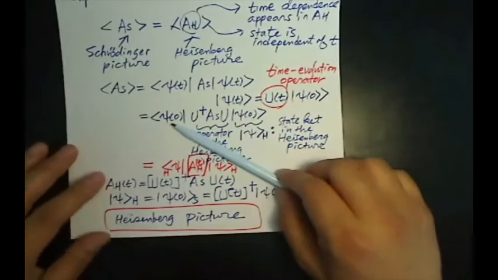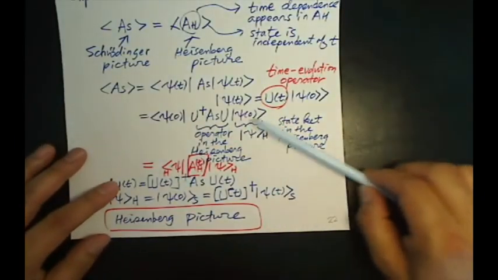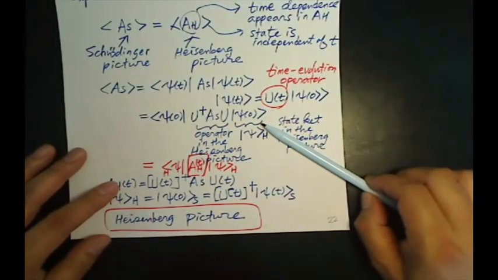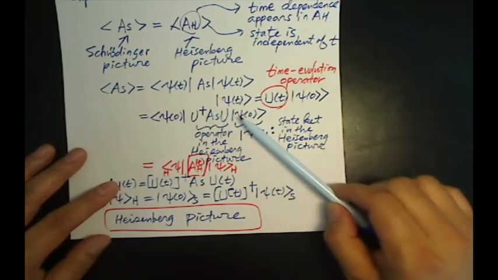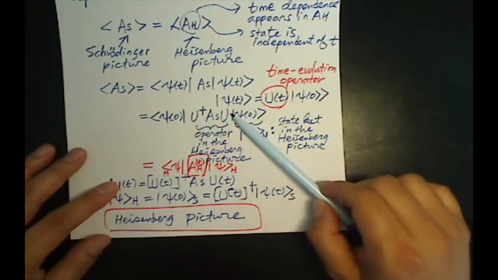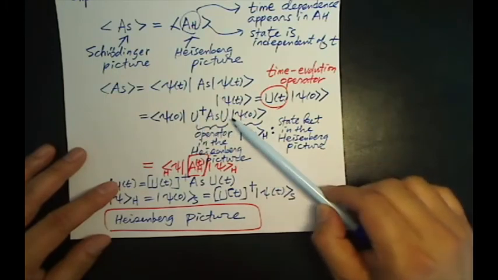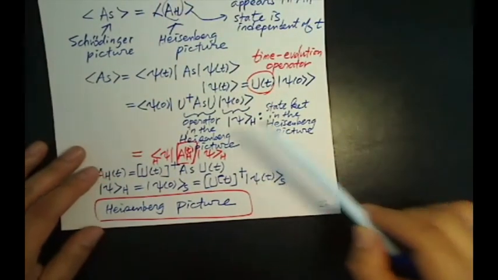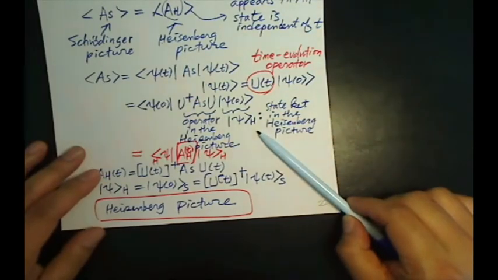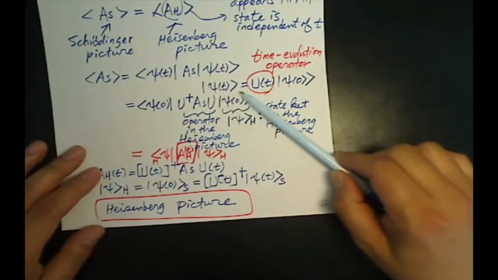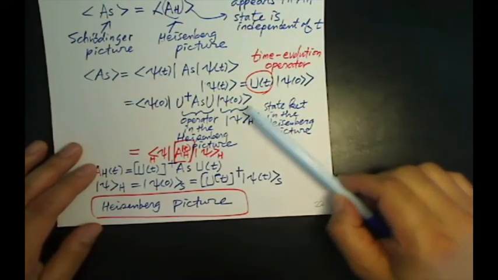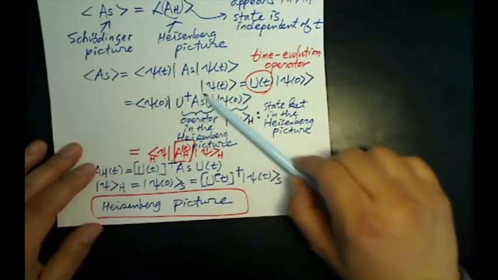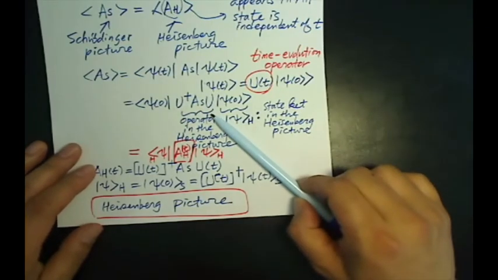Then the Schrödinger picture expectation value should be of this form. Here the state ket is at t equals 0, and this is the operator, and this time evolution operator is attached to the operator. This is called the Heisenberg picture. In the Heisenberg picture, the state ket is fixed to the value at t equals 0 and the operator has the complete time evolution.